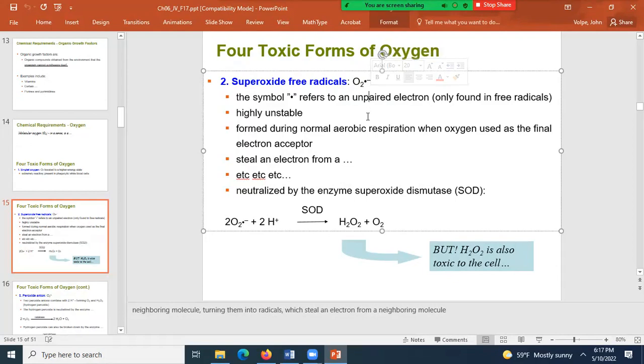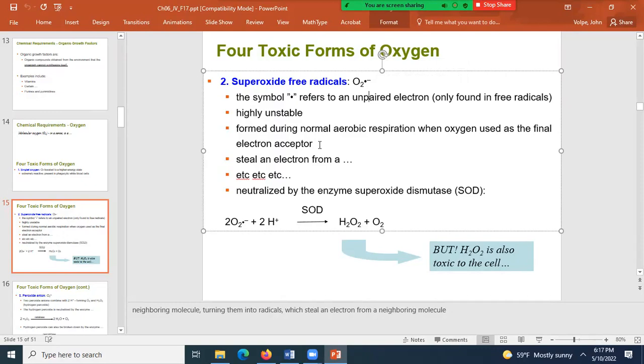But 2 electrons are stable, 1 electron is unstable. And molecules with 1 extra electron are called free radicals. Free radicals are highly unstable. They are made in aerobic respiration when oxygen is used as the final electron acceptor.